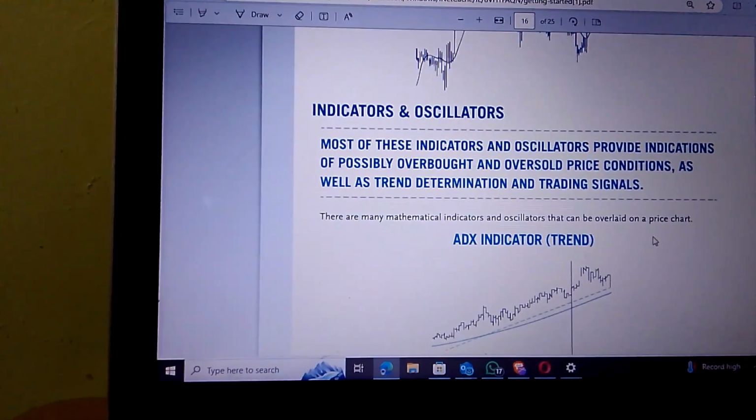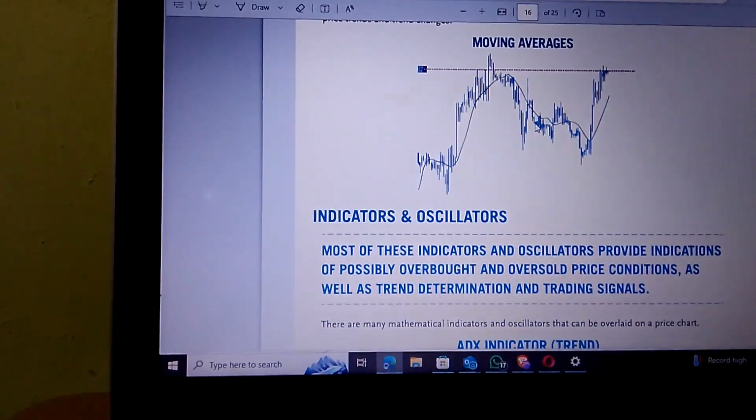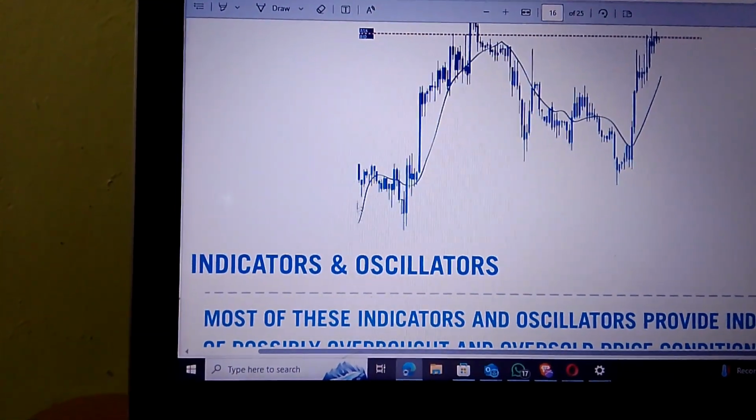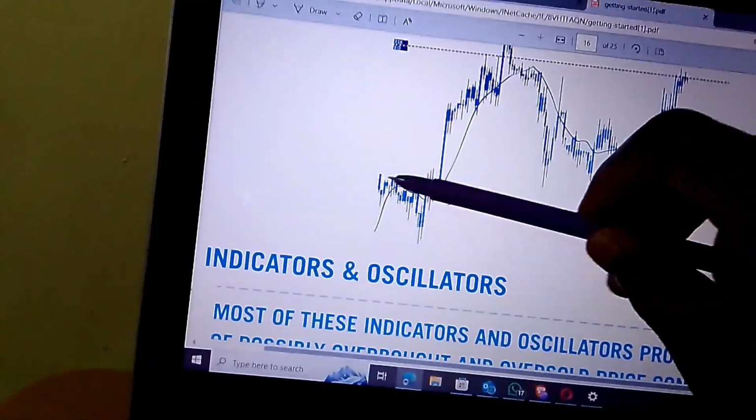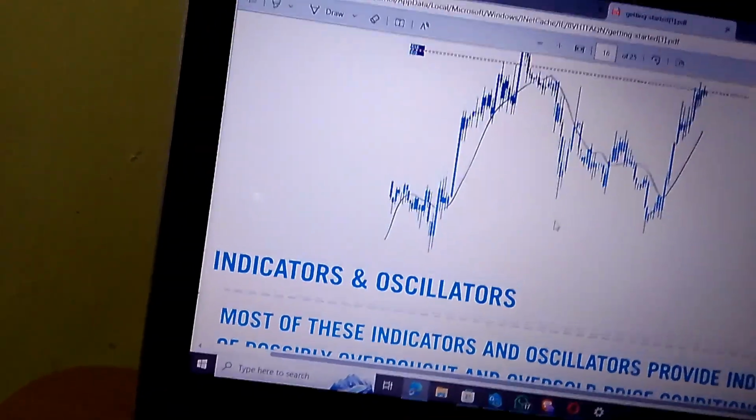So indicators, and here actually I think I can figure out something. You can see this continuous line, this one here. I think that's the moving averages.